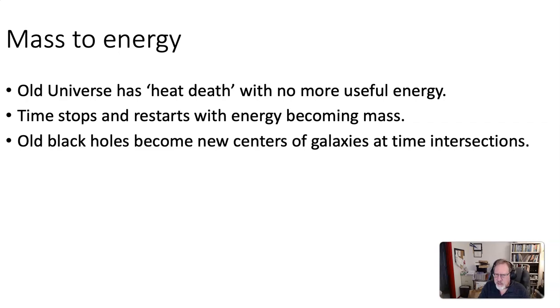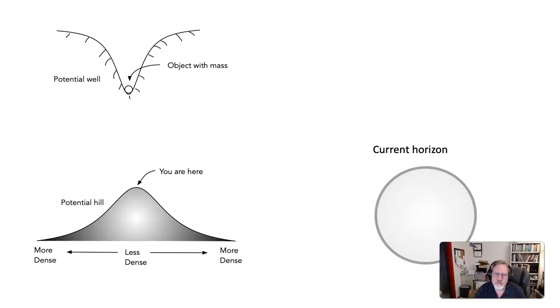Time essentially stops, and then time restarts somehow. And we get these time bubbles, and most of the small black holes have evaporated, but the large black holes are still around. And so when we have the new universe forming, we still have these old supermassive black holes. So the idea here is that any object has some gravity to it. The Earth, a stone, our sun, is in a gravitational potential well.